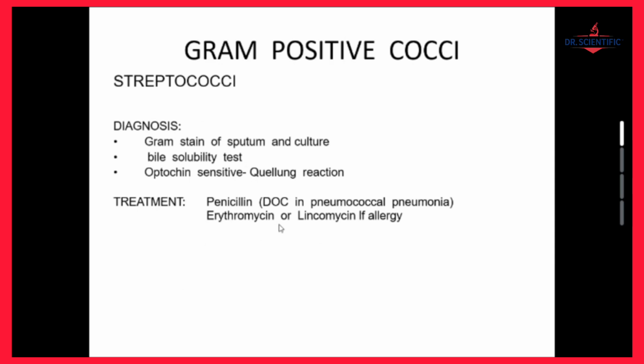In terms of diagnosis, simply do a gram stain, for example on sputum, or a culture, if you are targeting Strep pneumoniae, because the cough and the sputum will be there. Check if it's there, then check the sensitivity. Strep pneumoniae is sensitive to what we call optochin.